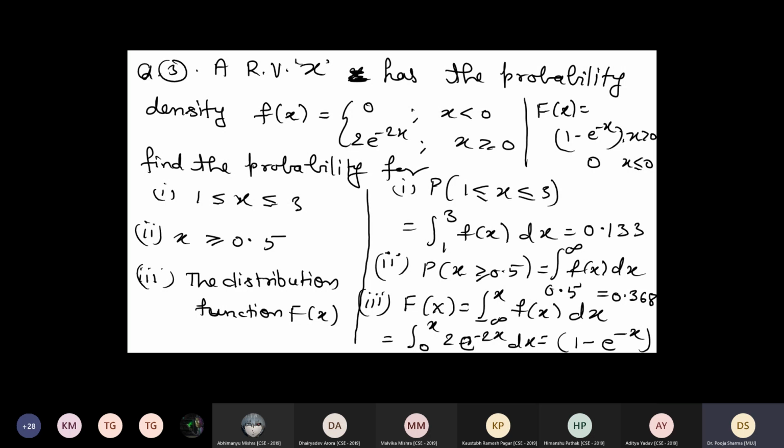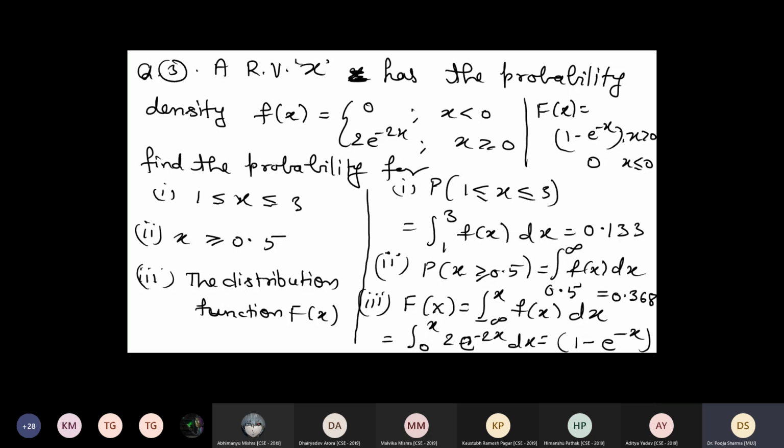What is the general range? Minus infinity to x. But here the range becomes 0 to x, because before that, for x less than 0, the density function is 0 itself. So it is 0 to x of 2 exponential power minus 2x.